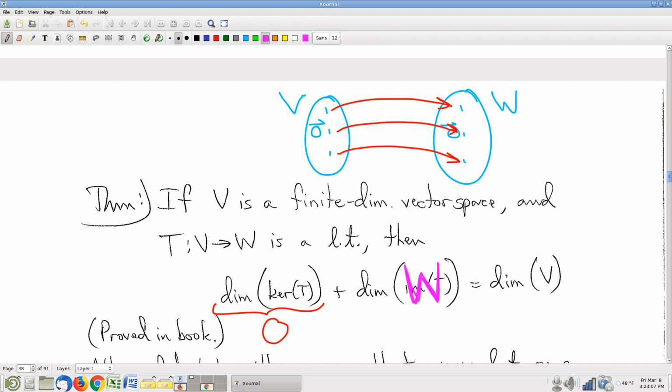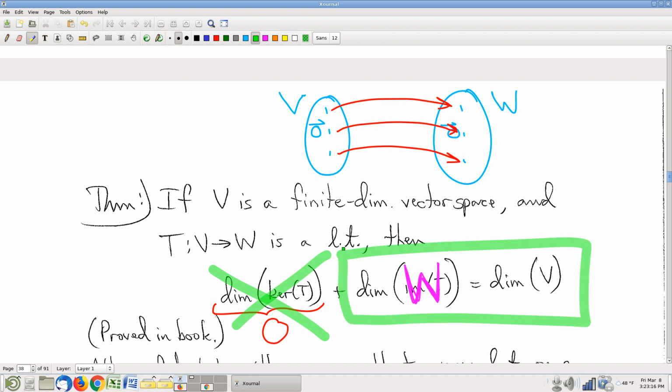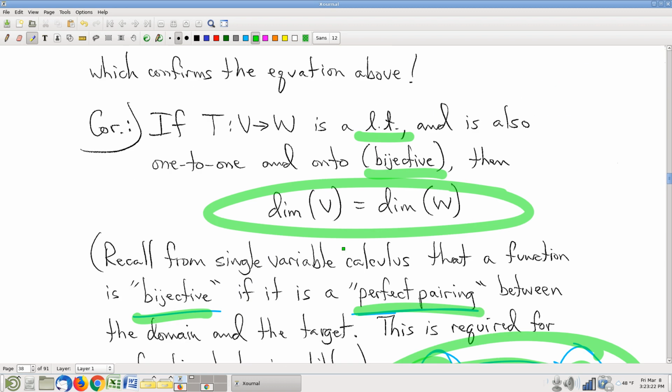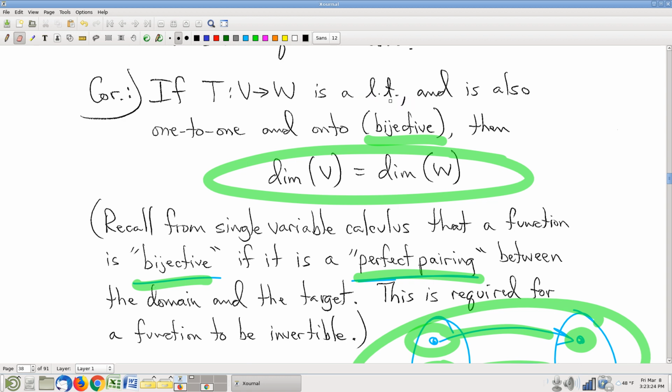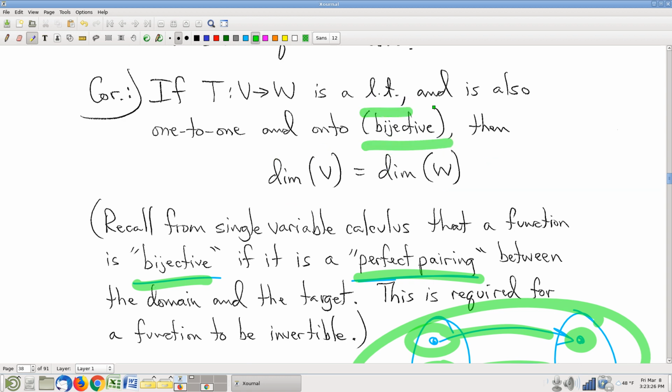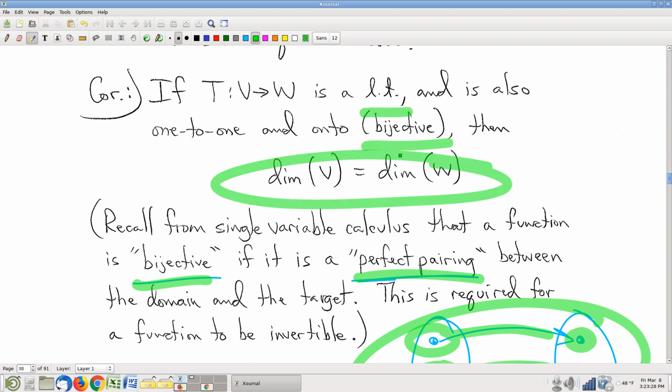Right, so in this case of a bijective linear transformation, that term is 0 and thus goes away, and therefore our result is dimension of V equals dimension of W, as we were alleging down here. Bijective linear transformation, domain and target have the same dimension.